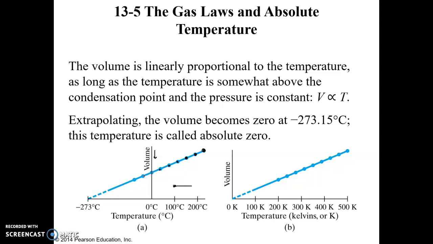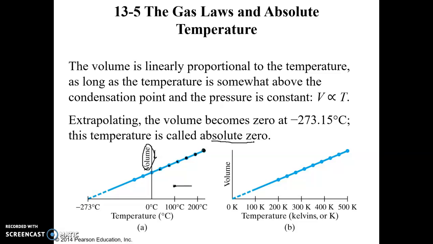Well, what if we extrapolate that line, take it all the way out to see when it hits a volume of 0? Is that possible even? Can we get the temperature so low that the volume becomes 0? And it turns out, in theory at least, we can.